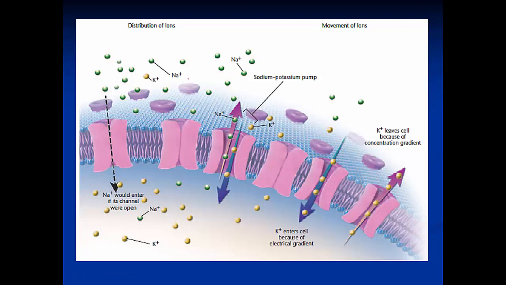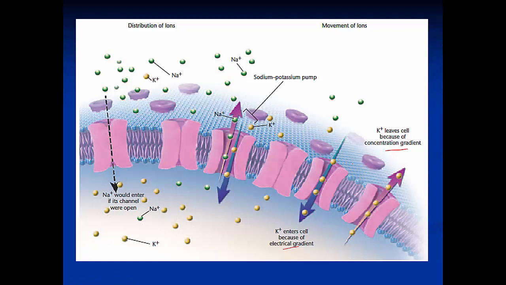Potassium is going to want to enter the cell because of the electrical gradient. It's going to want to leave the cell because of that force of diffusion. Now, in this particular situation, there are some potassium channels that are a little bit leaky. So some are going to come in, some are going to be forced out.